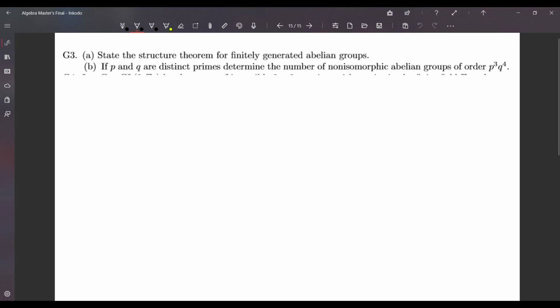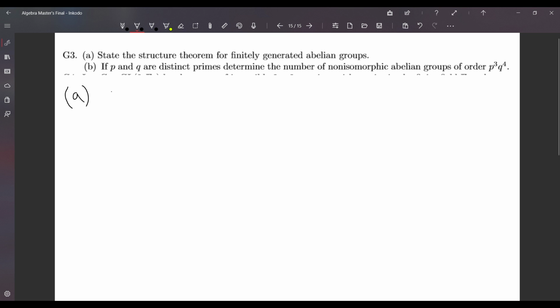And the last problem for today, sorry, there's like this bit cut off that's for the next, like the G4, right? The next problem is regarding the structure theorem for finitely generated abelian groups. So the first part is to state this. I'm not going to write it out because obviously if you're watching this video, that means you have internet access and you could just Google this.